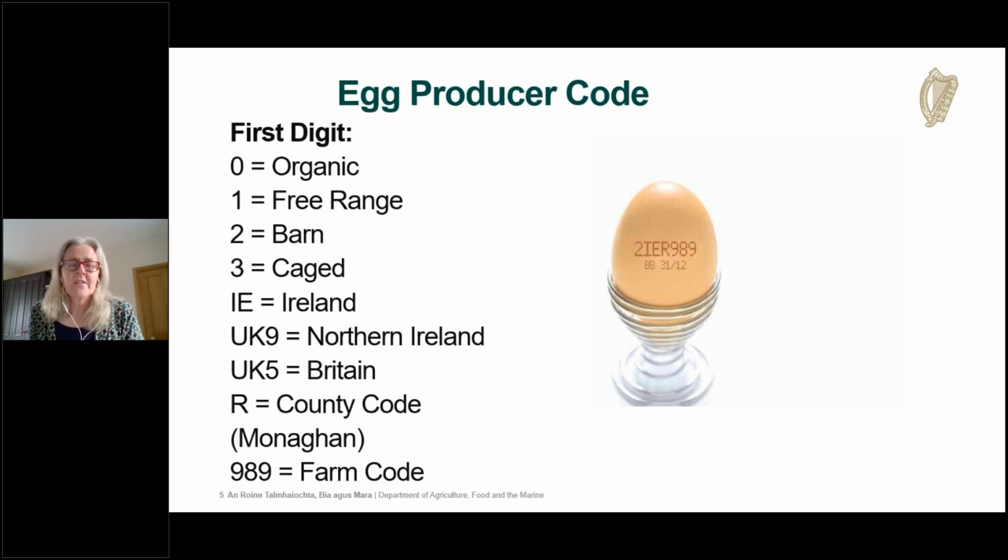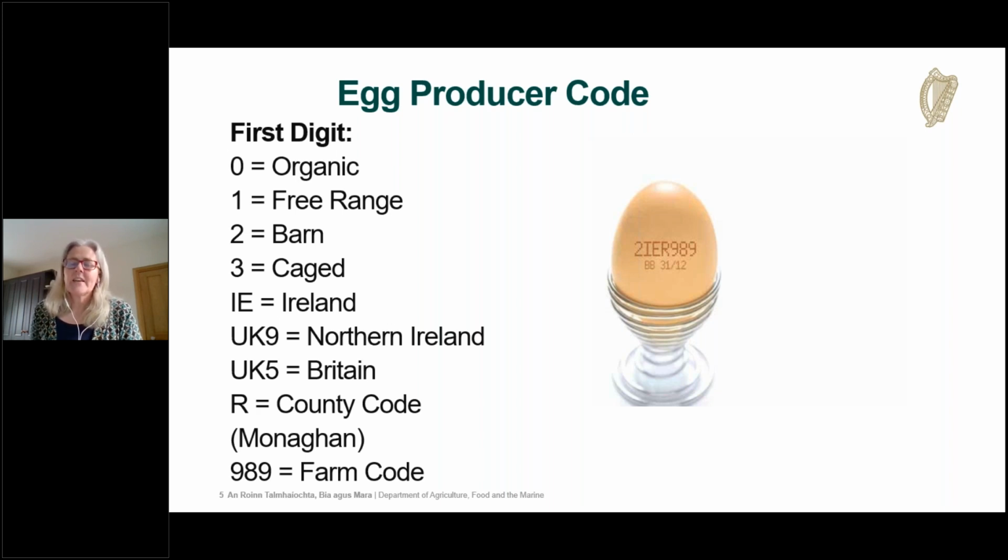The next 2 digits or letters in the sequence signify the country. So in most cases, you'll see IE for Ireland. UK 9 is the Northern Ireland designated number, and UK 5 is for Britain.